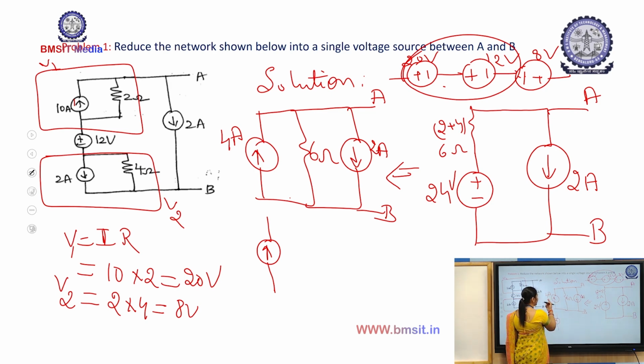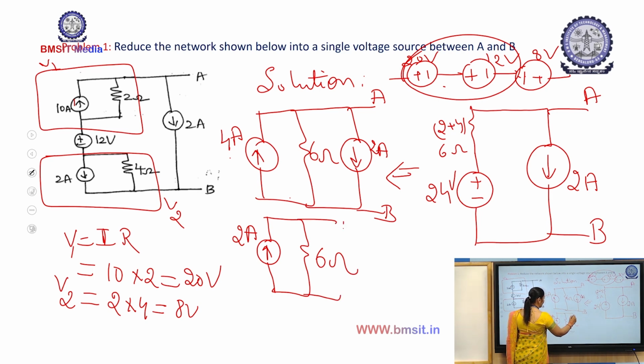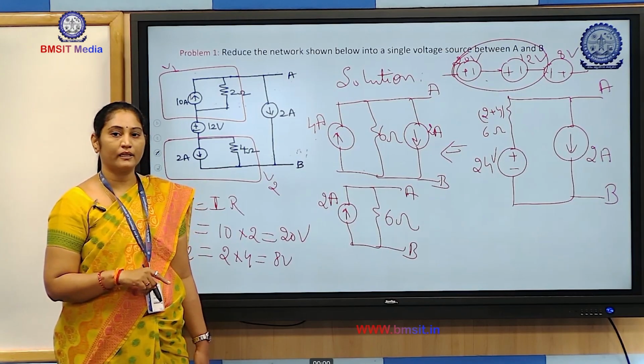So 4 minus 2 will be 2 amps pointing upwards, because the 4 amps source is greater than the 2 amp source. Then you have a 6 ohms resistor connected to that. This is the reduction of the entire network into a practical current source.